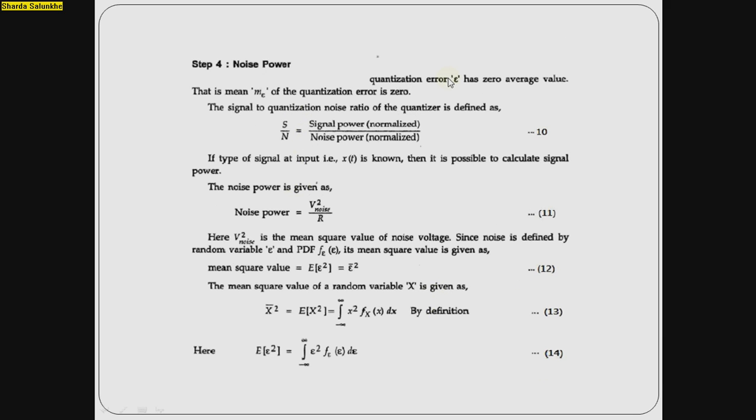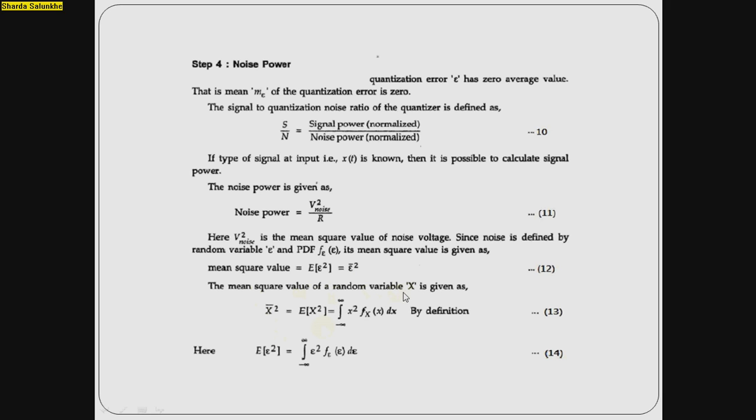Noise power: the quantization error has zero average value, that means the mean of epsilon, the quantization error, is 0. So the signal to noise ratio is the normalized signal power to the normalized noise power. You know that the noise power is V square noise divided by R, and the mean square value is E of error square, that is epsilon bar square.